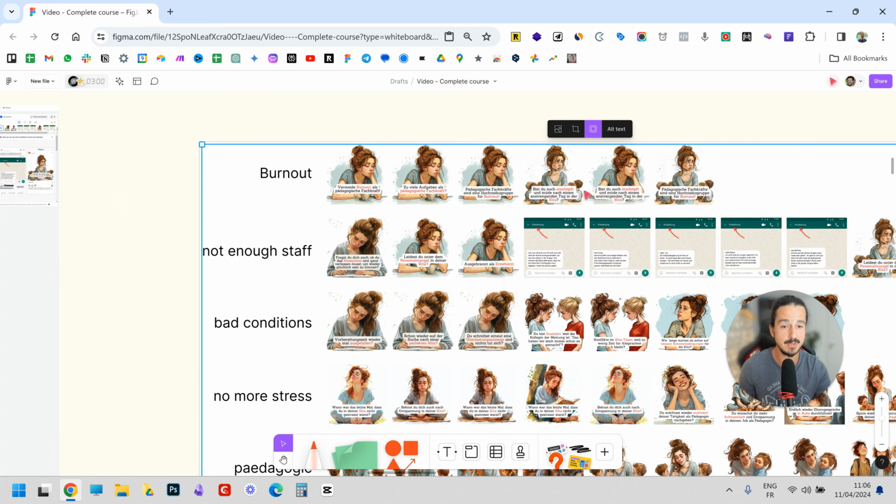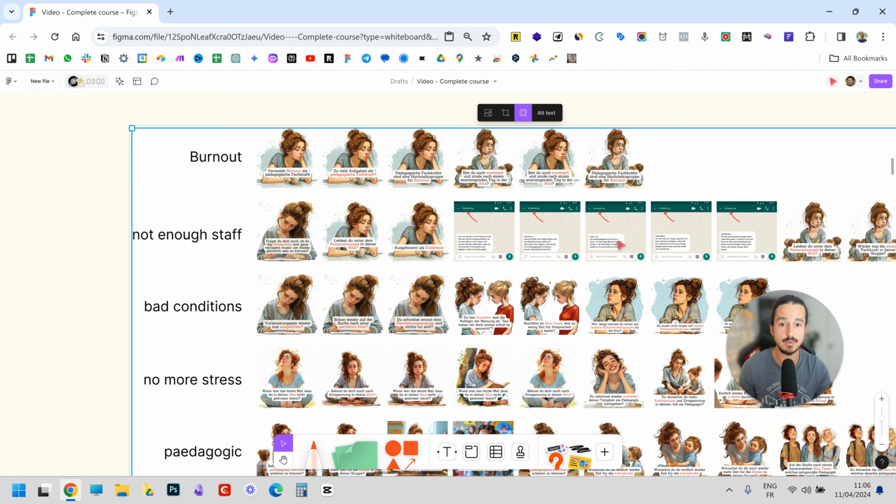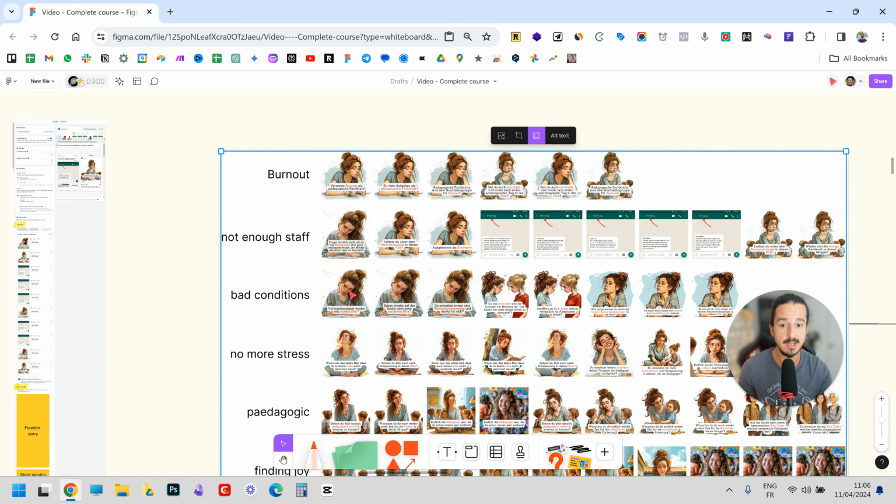So you can come up with as many hooks as you want, and you can create hundreds of creatives at once. Here, as you can see, for one specific angle, we have different kinds of pictures. You can also go in a more strategic way to say, okay, I'm going to go with one single picture, for example, and just test out the different hooks.